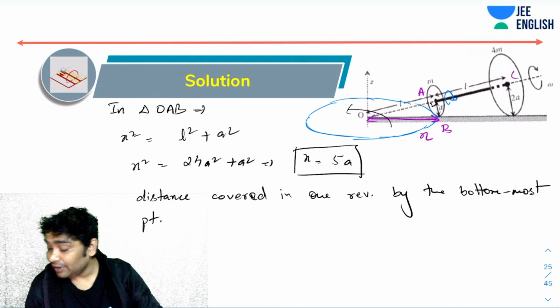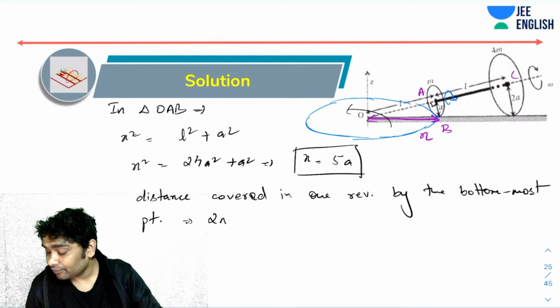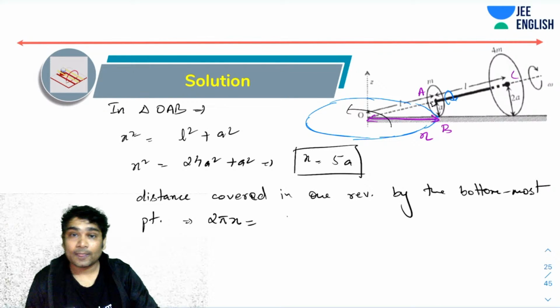How much will that be? That will be 2 pi x. So that is 10 pi a.